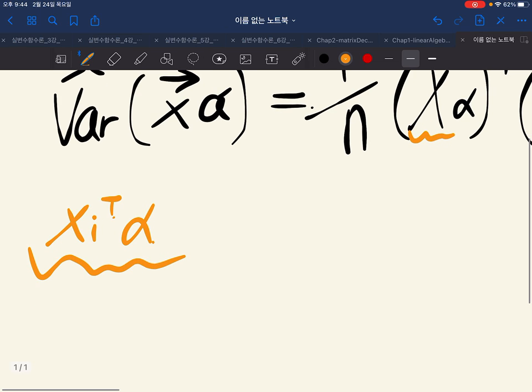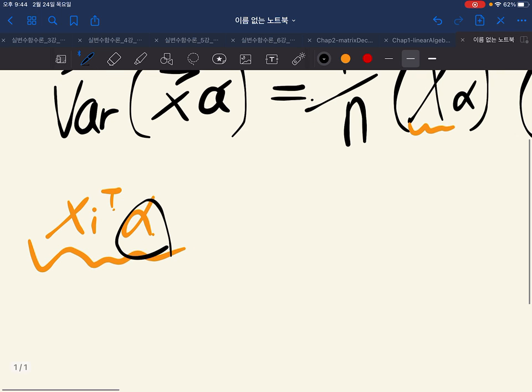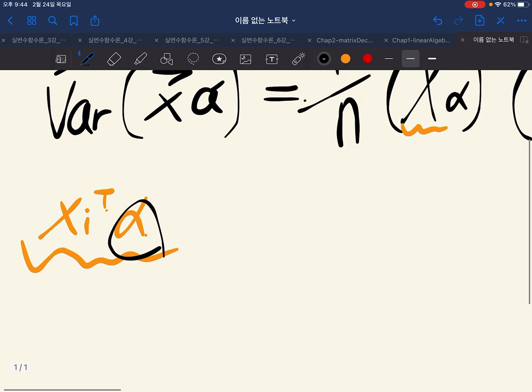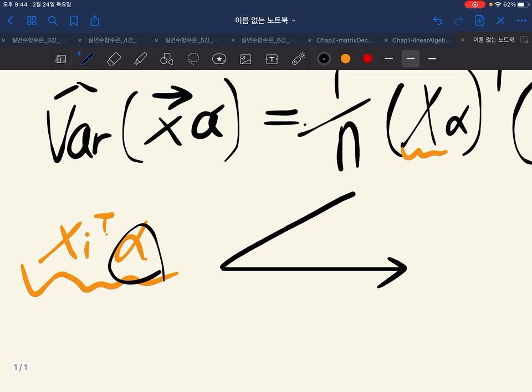And since we've constrained the alpha to the norm of 1, it can be understood as, so this is the alpha vector and this is xi.